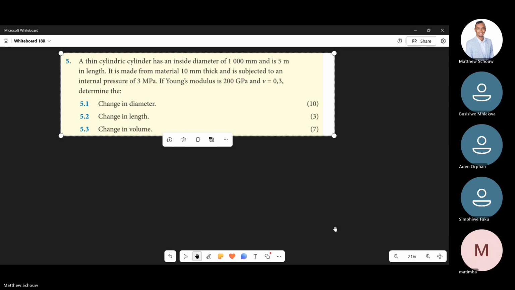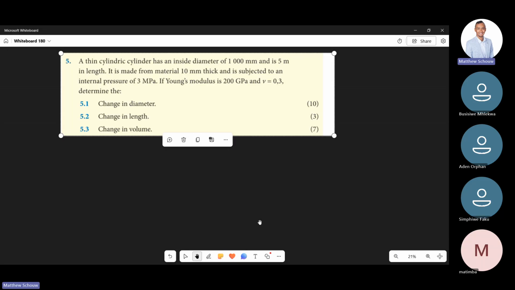Just remind me, when are you guys going to be assessed again for test 2? What is the date? We're writing on the 6th. Okay, so that's next week already. Thursday, yes.